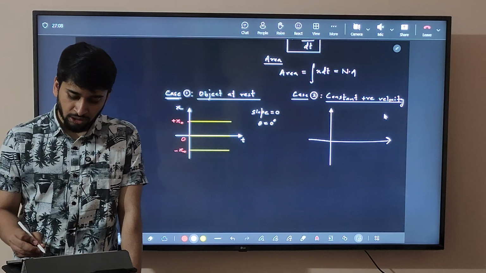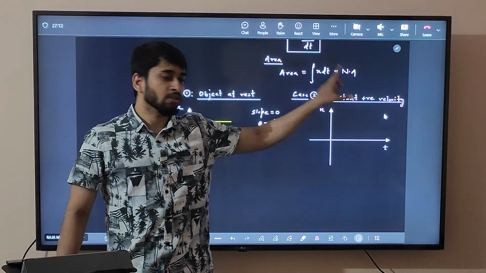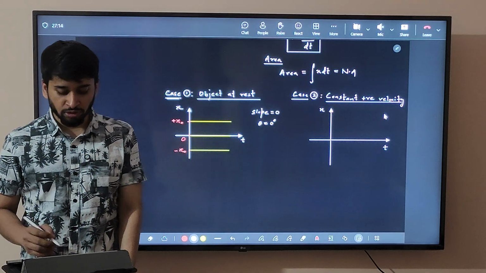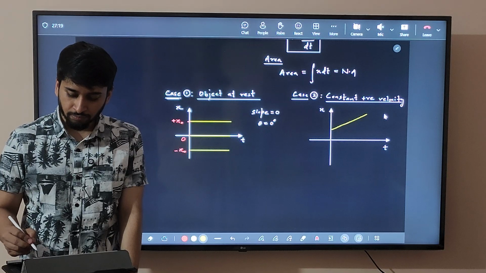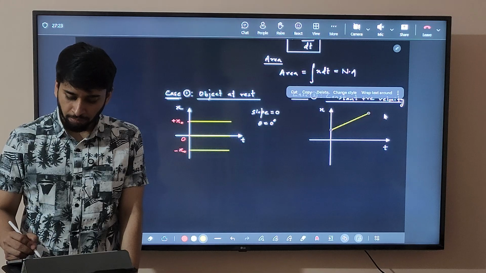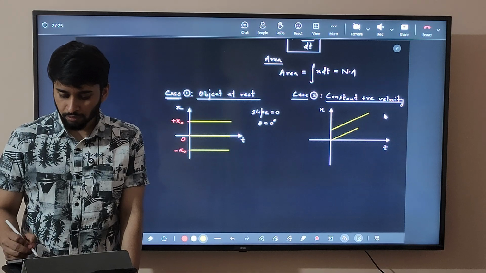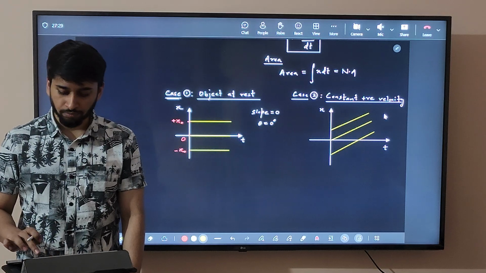So suppose this is position and this is time. So the slope should be a positive constant. For constant positive velocity, the slope should be a positive constant. So for a positive constant, the slope can be like this, right? It can be this way, or this way, or anything like that. Yes or no?